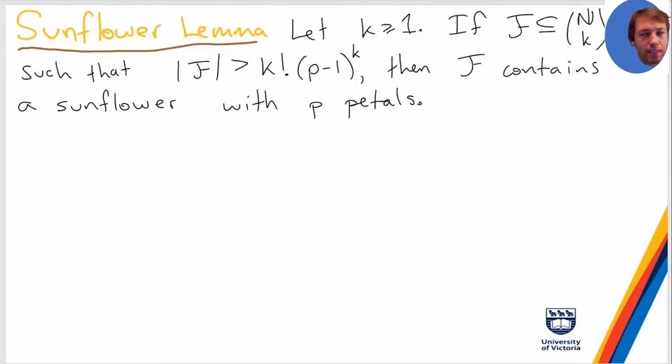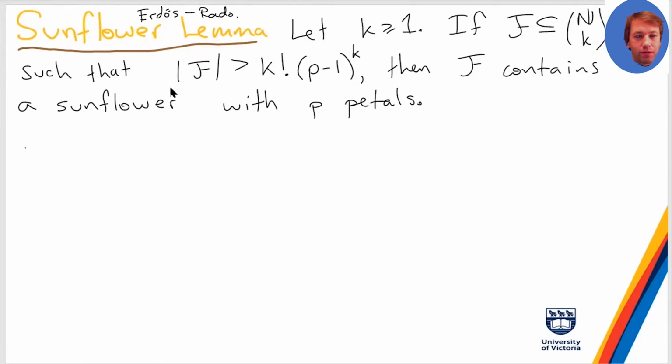I believe I might mess this up, but I think it's Erdős and Rado. So what it says is that for k at least 1, if F is a collection of sets of size k from the naturals. Of course, the naturals are just convenient, but it doesn't really matter where these sets come from. They can come from anywhere. It's a finite collection of sets of size k.